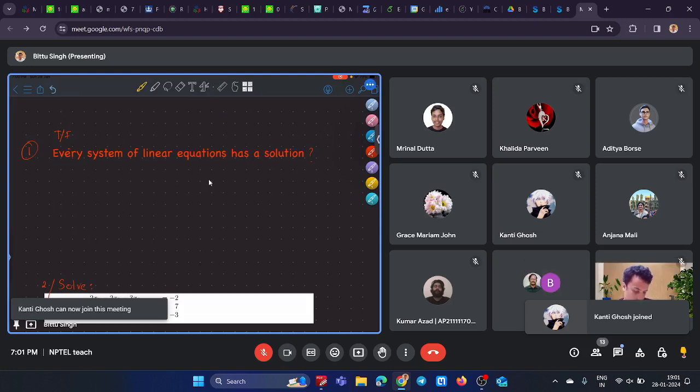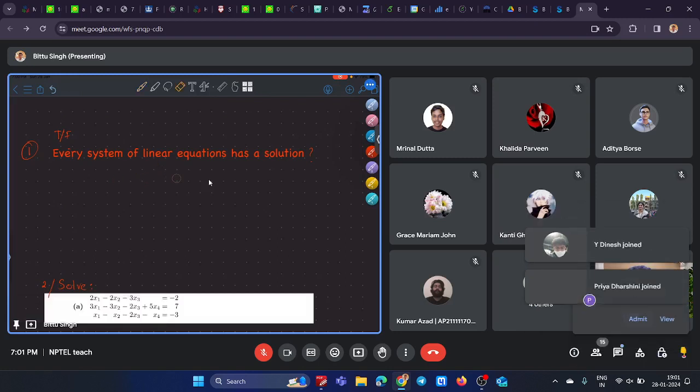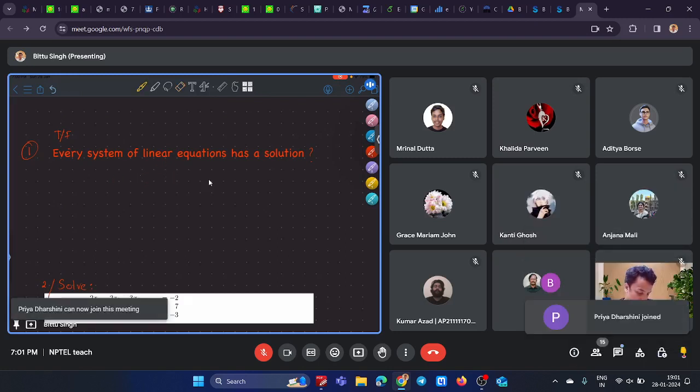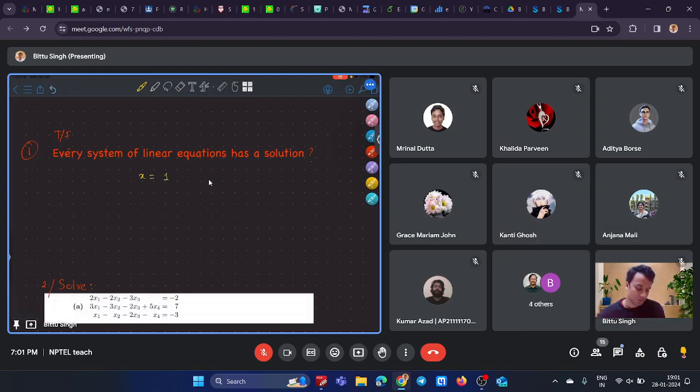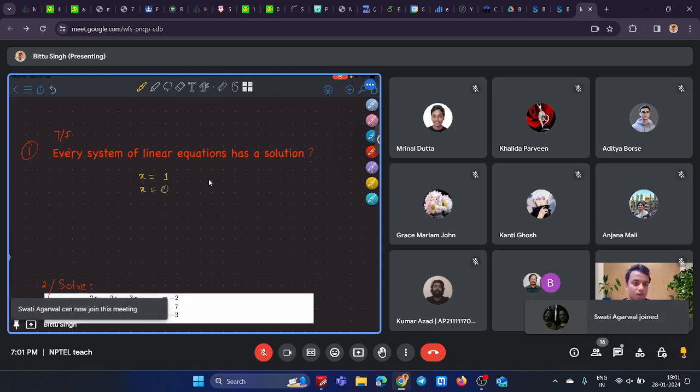Let us take an easier way. Suppose x equal to 1 and x equal to 0 simultaneously.